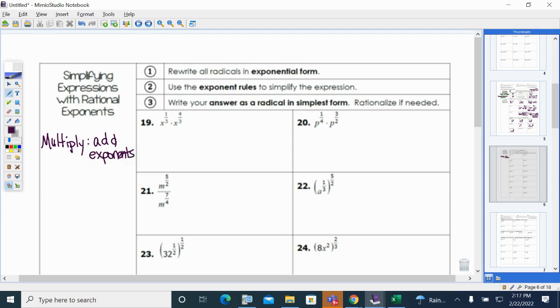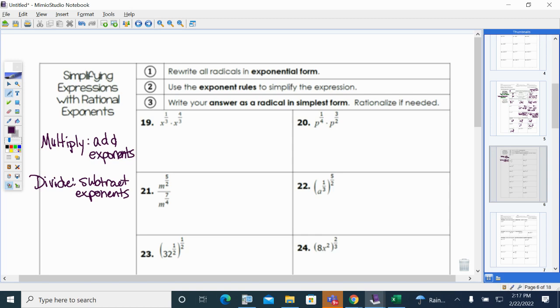If the operation is divide, we're going to subtract exponents. And I should also add here that that's on like bases. We can add exponents on like bases. We can subtract exponents on like bases. Just be careful.